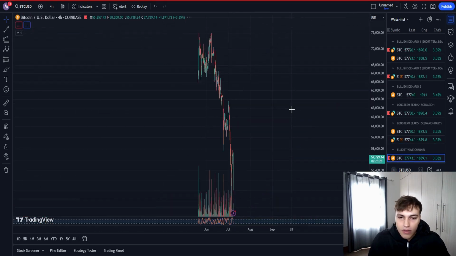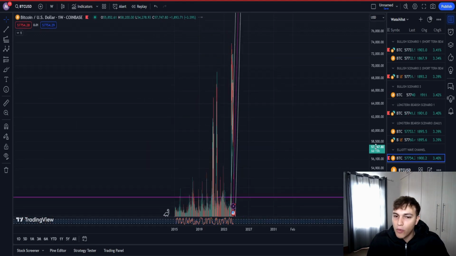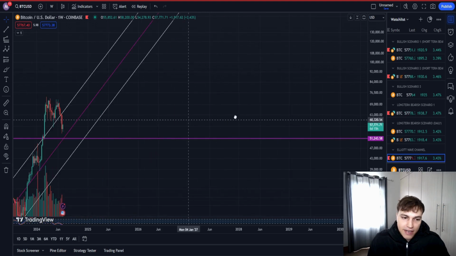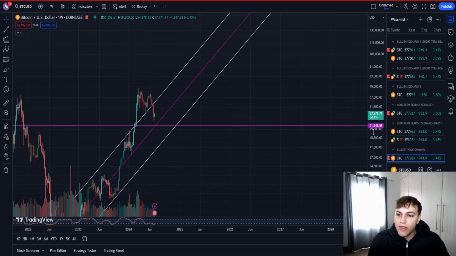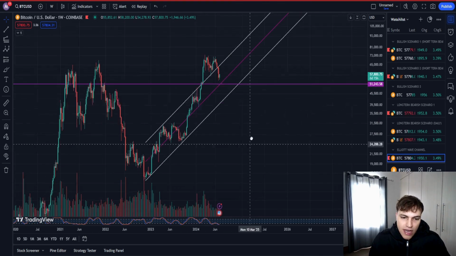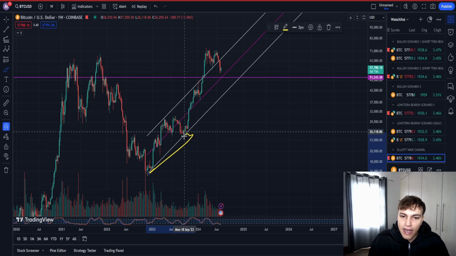Now, on the Elliott Wave channel on the weekly time frame, we can see that the medium line is sitting at 51,243 with the new weekly candle. This trend line acted as very nice support here and here.